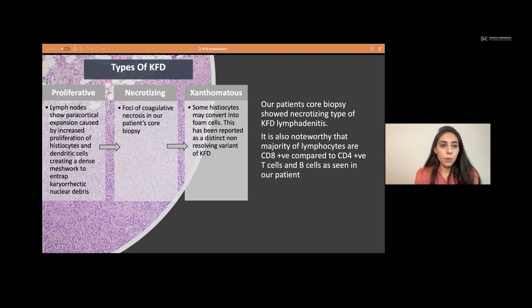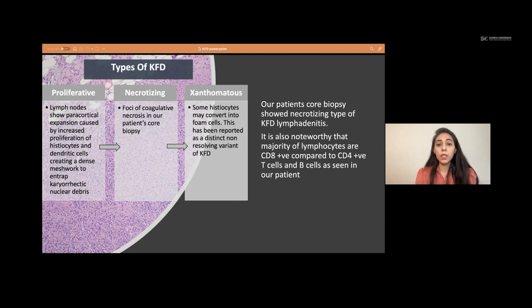The first type is proliferative Kikuchi-Fujimoto disease. This type is based on histopathological picture of the lymph nodes involved. So in the proliferative type, the lymph nodes show paracortical expansion. It is caused by increased proliferation of histiocytes and dendritic cells, and it creates a dense meshwork to entrap the karyorrhectic nuclear debris. This then moves on to formation of foci of coagulative necrosis in the lymph nodes, which was also seen in our patient's biopsy.